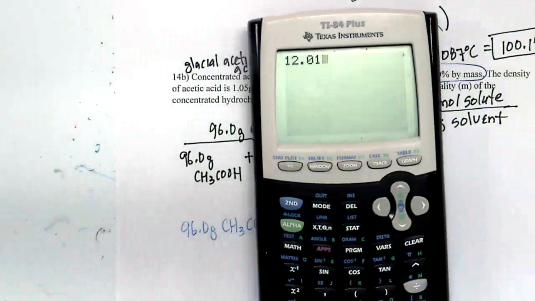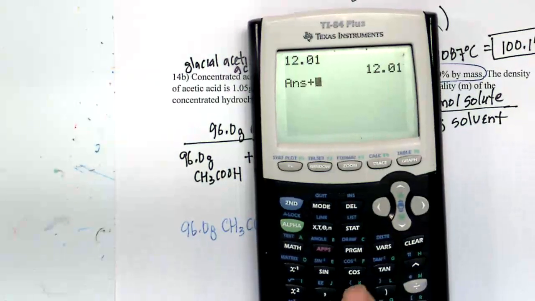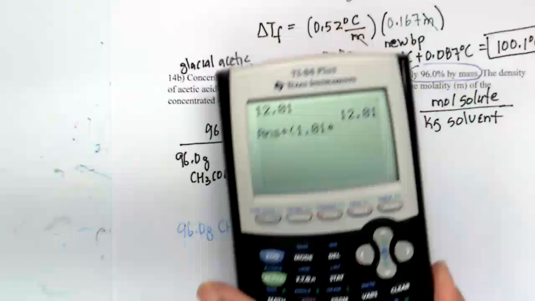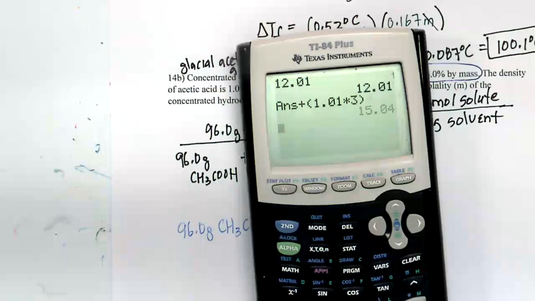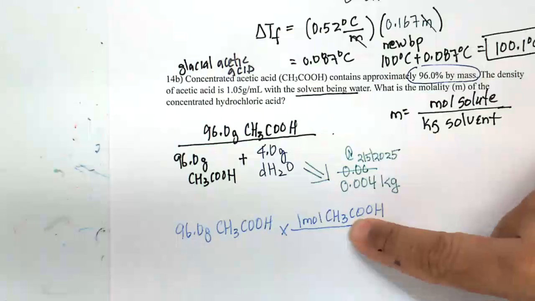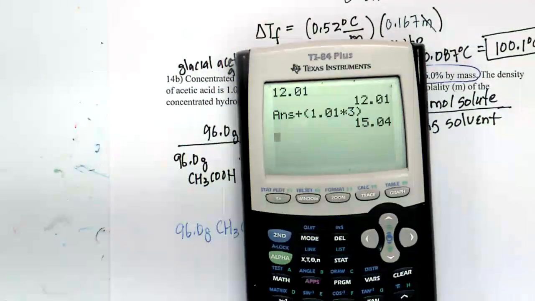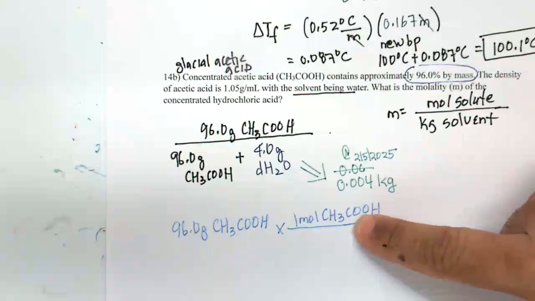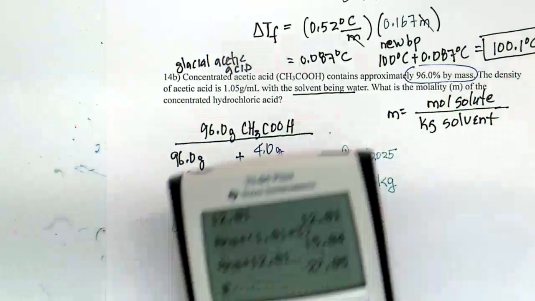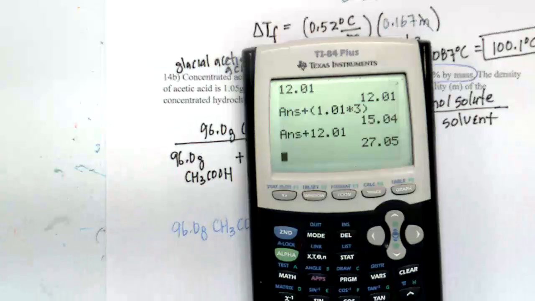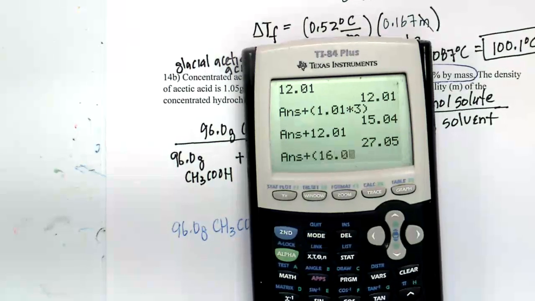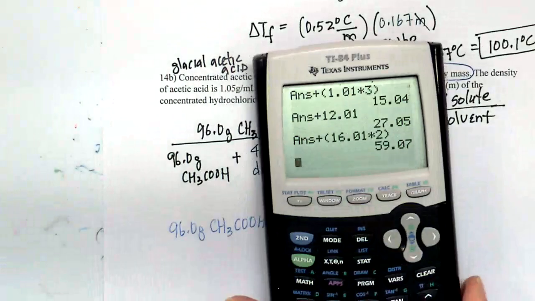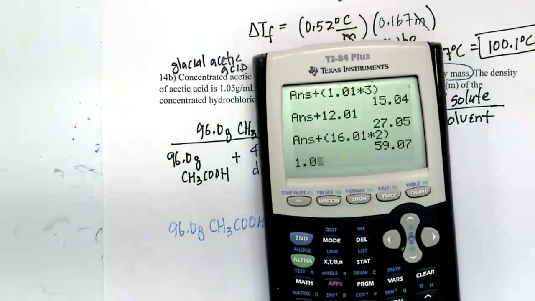There is hydrogen at 1.01, but there's 3 of them here. We got another carbon at 12.01. We got 2 oxygens, 1 oxygen and 1 oxygen gives us 2, so that's 16.01 each. And then we got another hydrogen there.